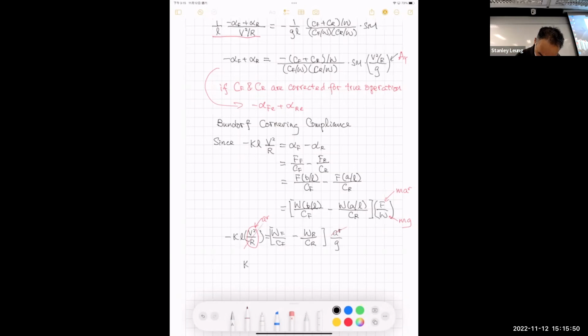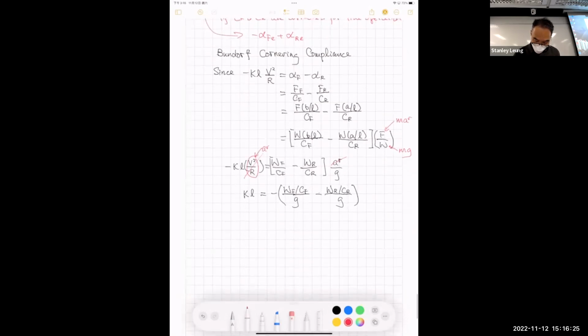And finally, we have AL equals to minus WF over CF per G minus WR per CR per G. And we call this whole thing EF minus ER, what we call cornering compliance.